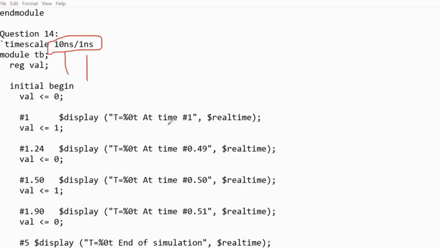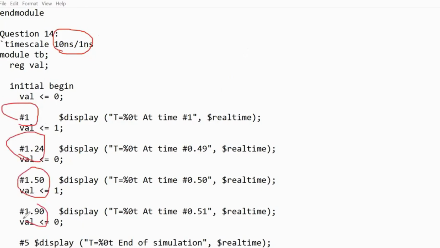The time unit must be higher every time. So the time unit is higher here. So 10 nanoseconds by 1 nanosecond. The n is the same, so we can cancel it. 10 by 1 is nothing but 10. So this 10 will be multiplied for every simulation time.